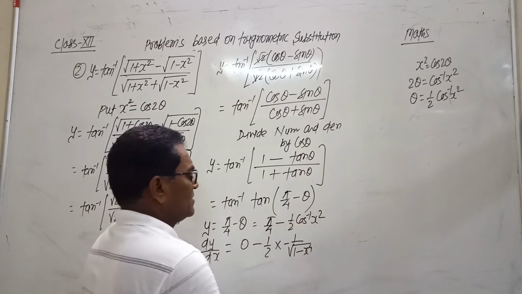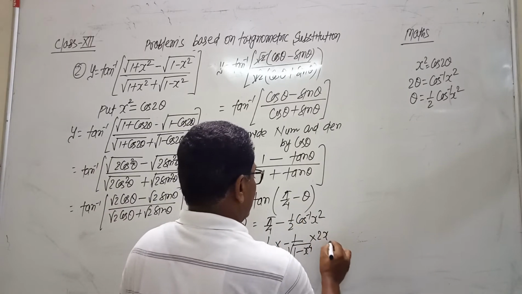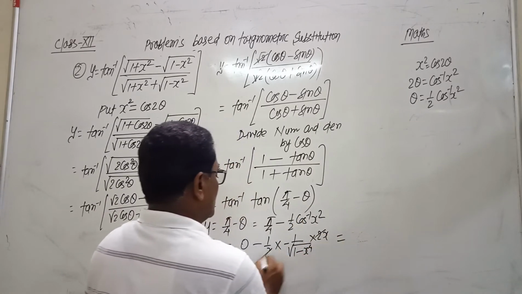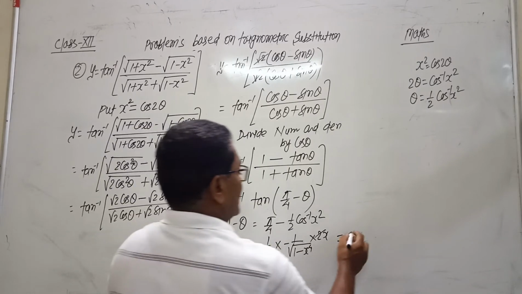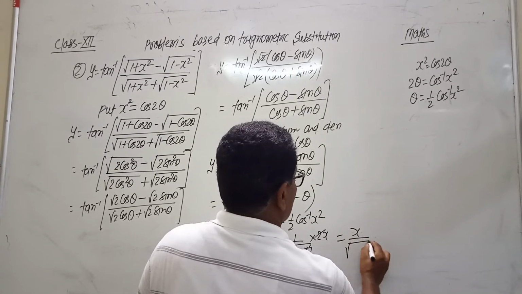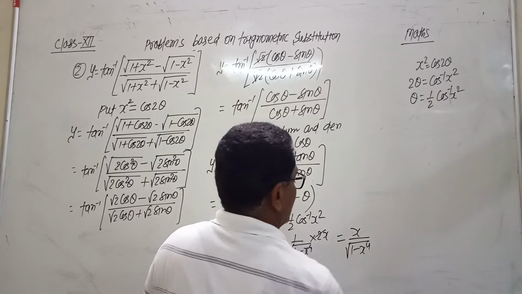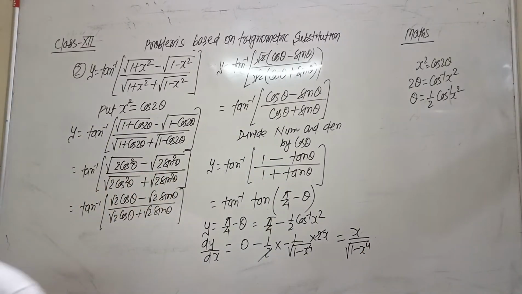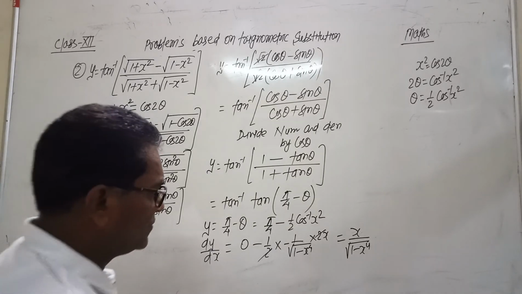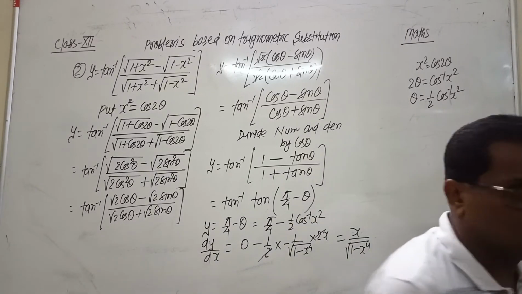Remove cos inverse, differentiation of x square is 2x, so 2 and 2 cancel, minus minus plus, and it gives x upon under root of 1 minus x raised to the power 4. So this is dy by dx.